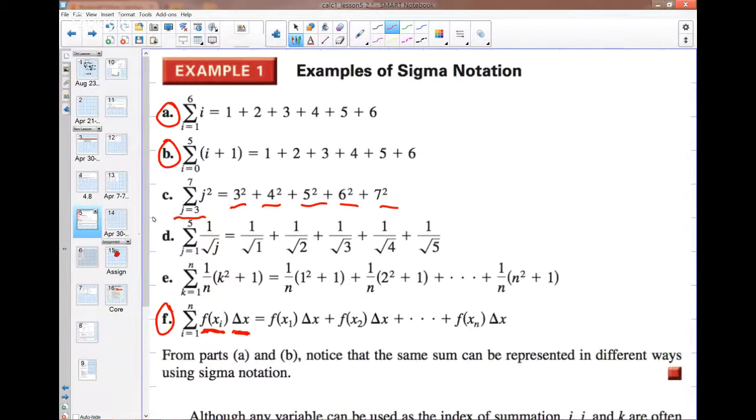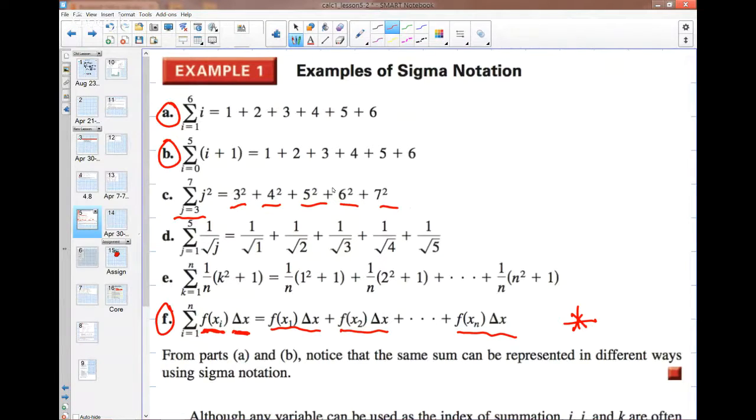So basically what you're doing is taking the area of rectangle 1, the area of rectangle 2, all the way down until you get the last one. So this one down here is kind of the most important one on the list, and it's like saying, all right, what if we add up many rectangles?